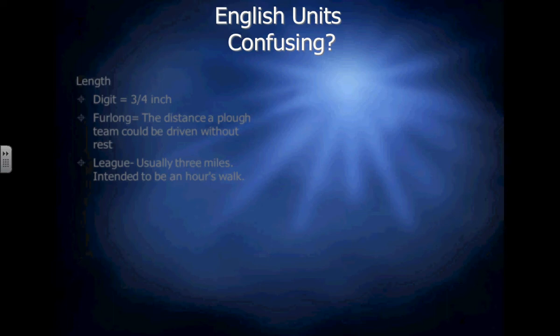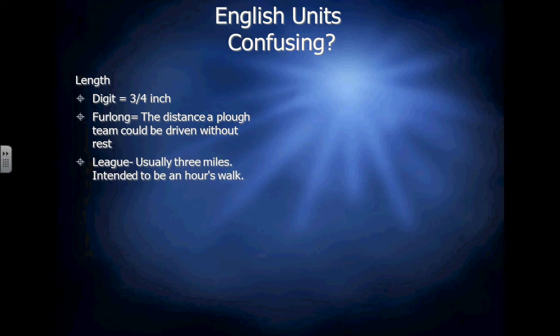But just to give you an idea about what some of these are. Units of length in the English system: a digit is a unit of length. It's about 3/4 of an inch. A furlong was originally meant to be the distance a plow team can be driven without rest. A league was thought to be about 3 miles. It was supposed to be based on about an hour's walk. So again, these are based on sort of arbitrary measurements that we no longer really relate to.